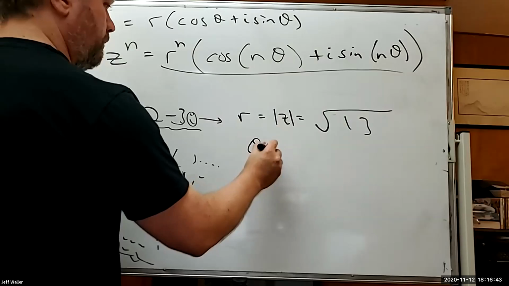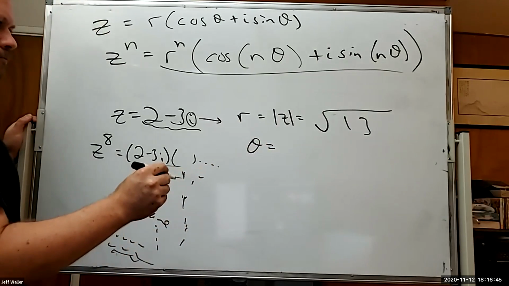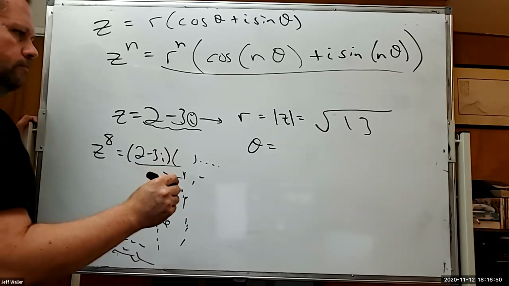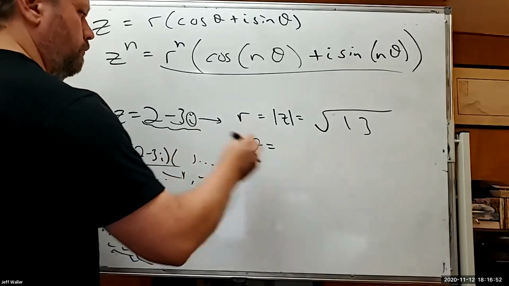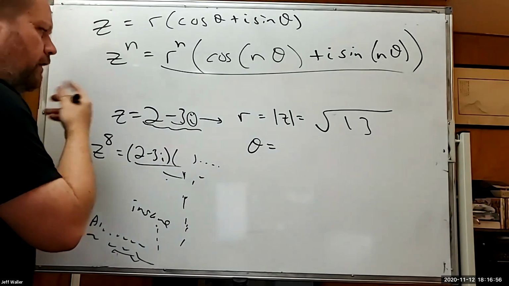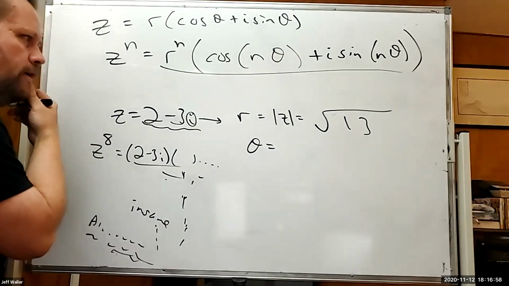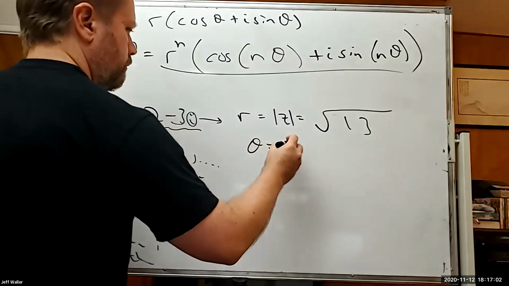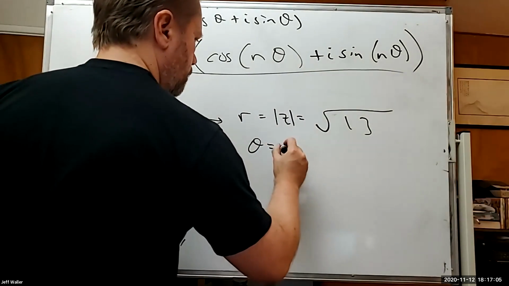And how do you get theta? Negative 3 over 2. What about it? Theta can't be negative 3 over 2. It's the what of negative 3 over 2? Inverse tangent.